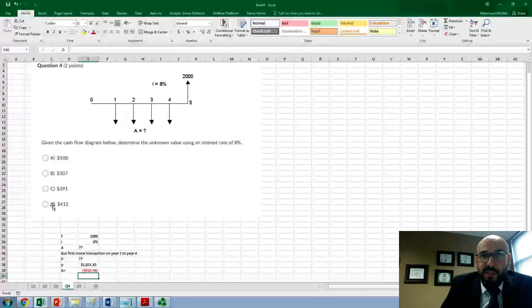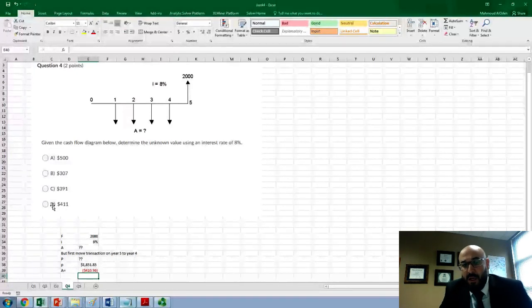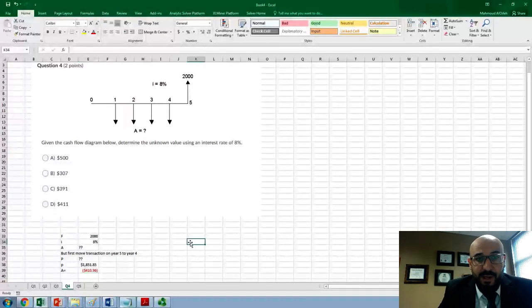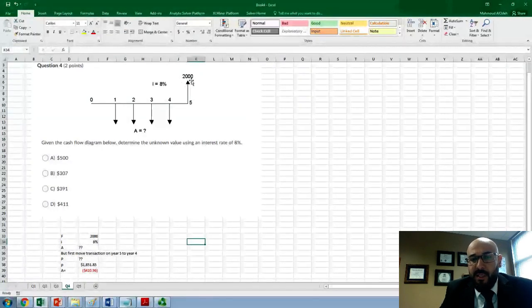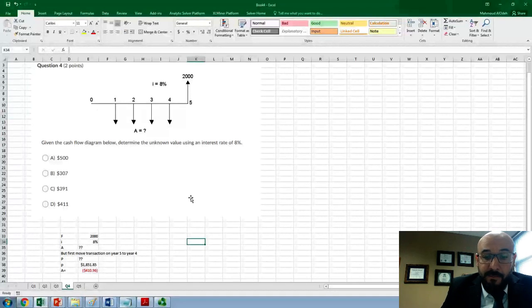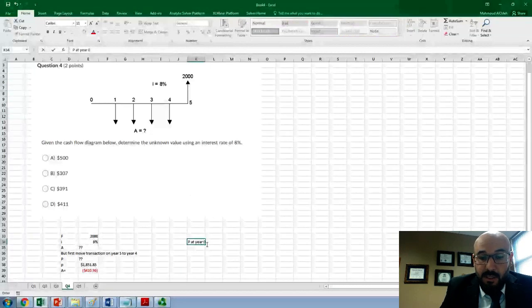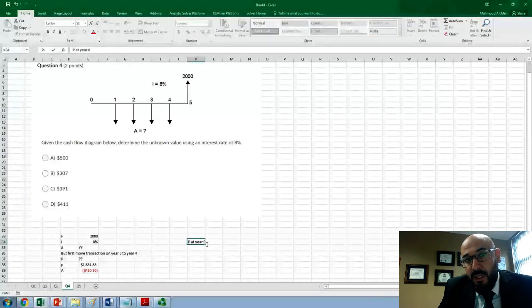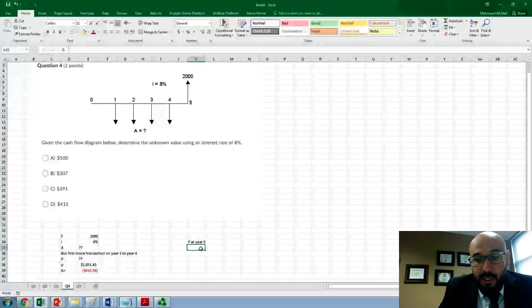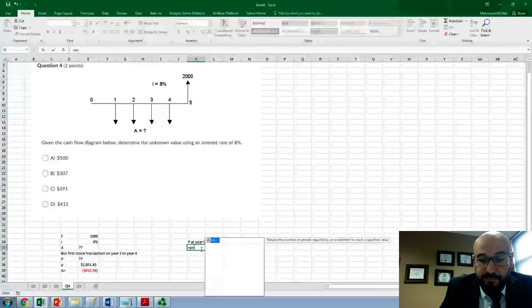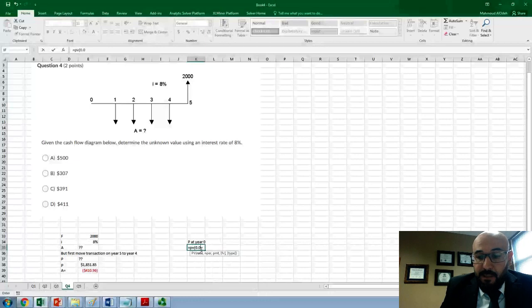Now as I mentioned, there's another way of doing it, which is to find the present value on year 0 for the $2,000. So we have $2,000 on year 5. We need to find the present value for this $2,000 on year 0, and then we could use the PMT function to find the A. So PV function, rate is 8%, number of years.